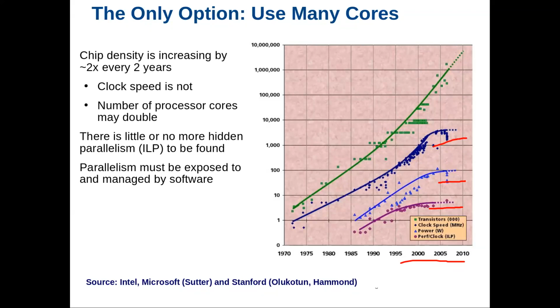So that was increasing, but because of the power, we were not able to use all the transistors. So it would be like you have a large number of transistors, but at any point in time, you are going to use only part of the area because the power requirement doesn't allow you to use all the transistors that are available.